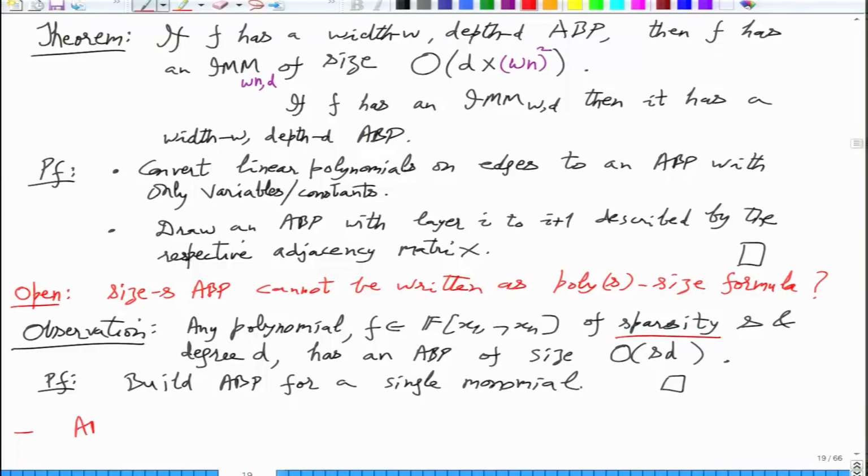The thing that we are now interested in is, what about the ABP complexity of the determinant? We know that the determinant has a small circuit, but that doesn't mean that it has a small ABP, because ABP is a more restricted model.